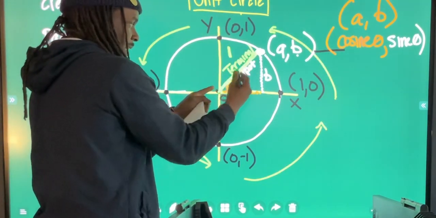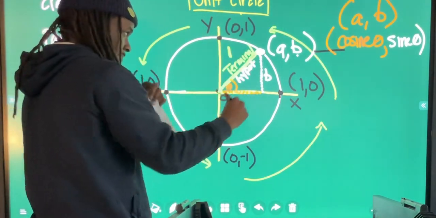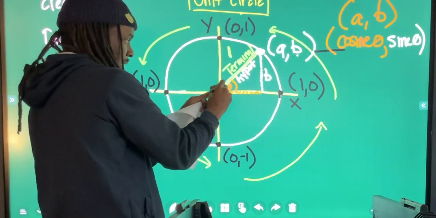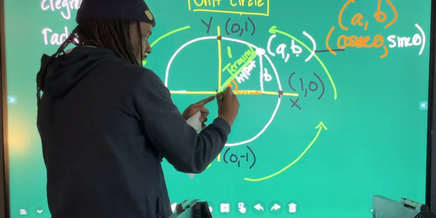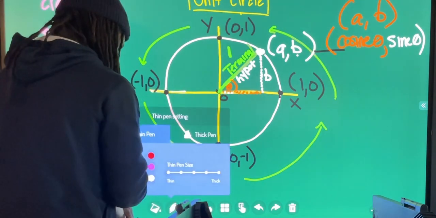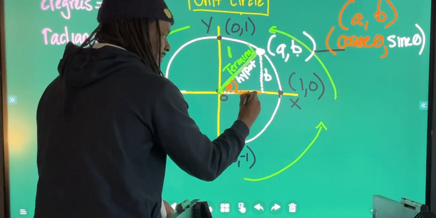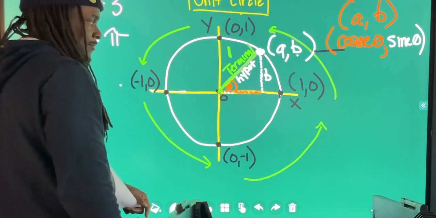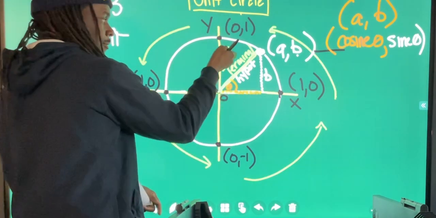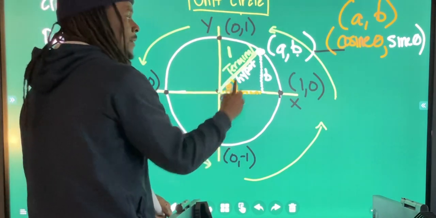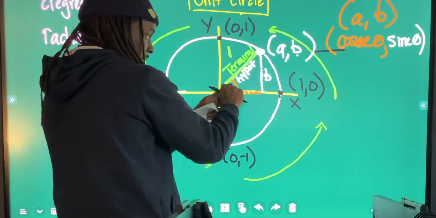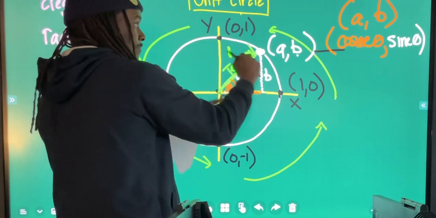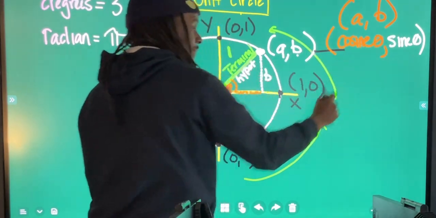To figure out the values of A and B: for cosine of theta, the line running along A is adjacent over the hypotenuse. B would be the opposite over the hypotenuse. That's why the B value is sine of theta.